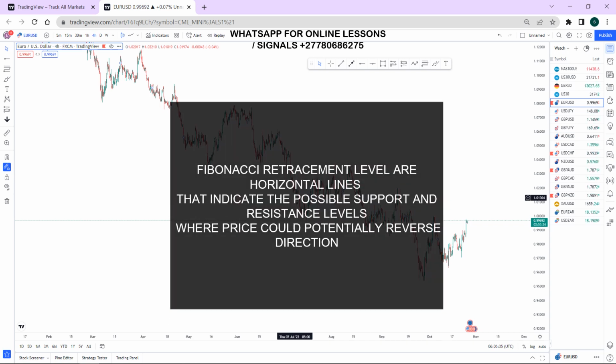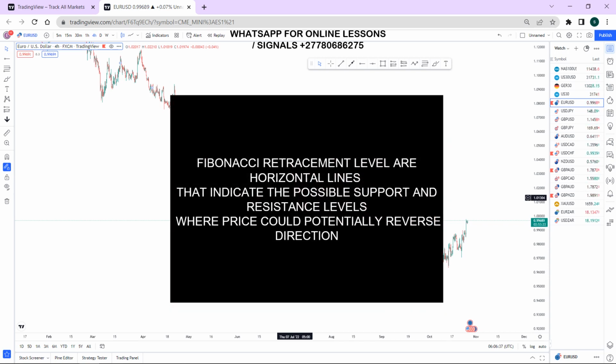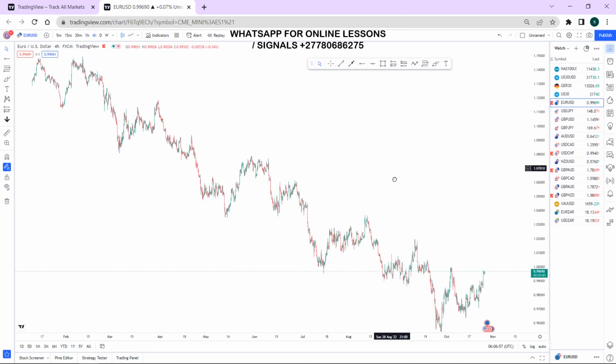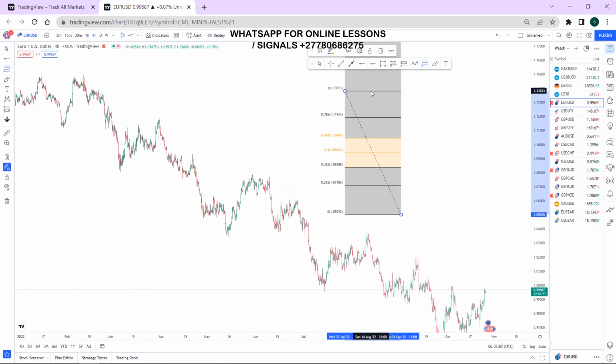So basically, Fibonacci retracement levels are horizontal lines that indicate the possible support and resistance levels where price could potentially reverse direction. So they are considered a predictive technical indicator since they attempt to identify where price may be in the future. These are the levels that we are talking about, you guys, right here, right?